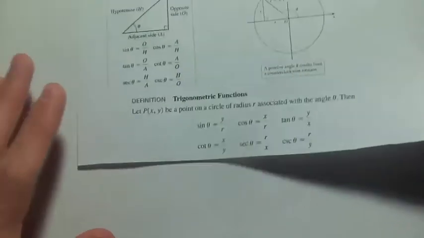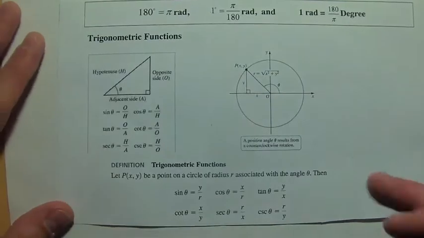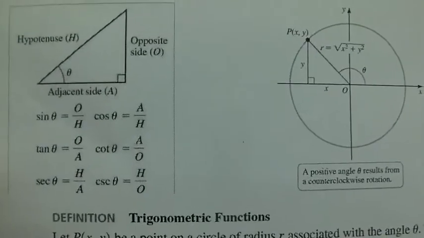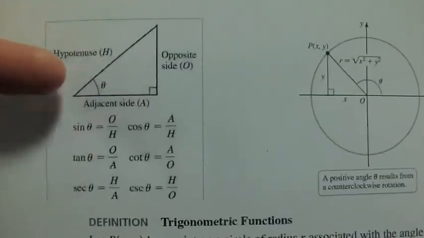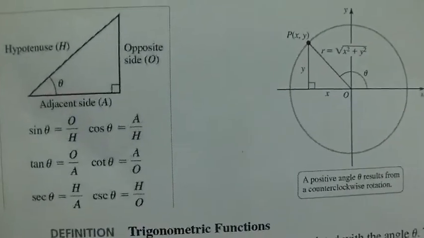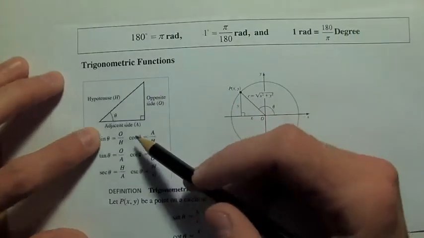So here is a little more information. If you can see this, here, let me get a little closer with this. Over here are our right triangle definitions that most people are familiar with, right? Those are the ones that most people actually know.